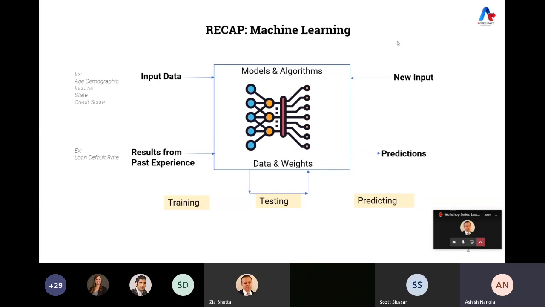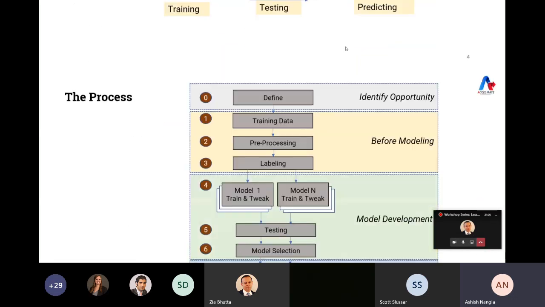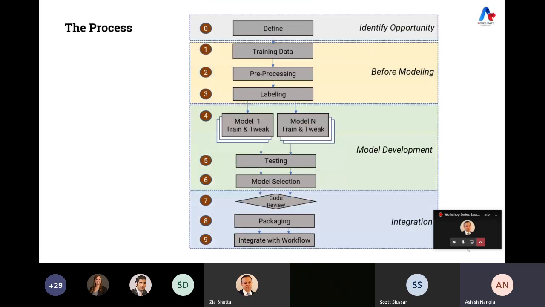So keeping that in mind, how do we go about doing this is what we define in the development process. This is a typical example of what an SDLC-like process would look like for an AI or machine learning project.